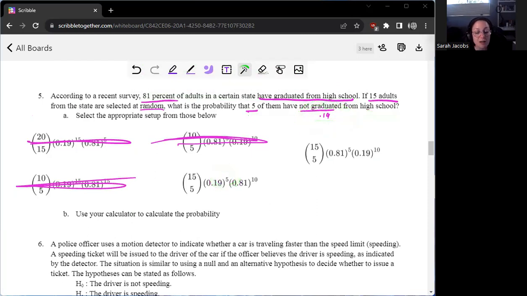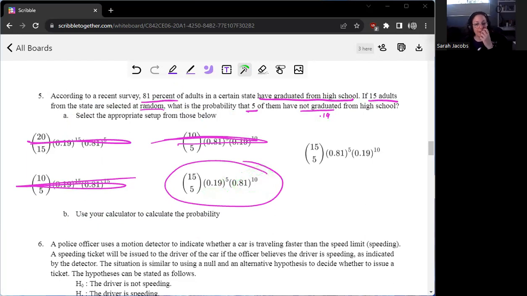Out of 15, that also means 10 of them have graduated, and that needs to be our exponent on the probability that they have graduated. So this is going to be our answer because the 19% happens 5 times, raised to the 5th power, and the 81% happens 10 times, which is what we're looking for based on the context of this question.